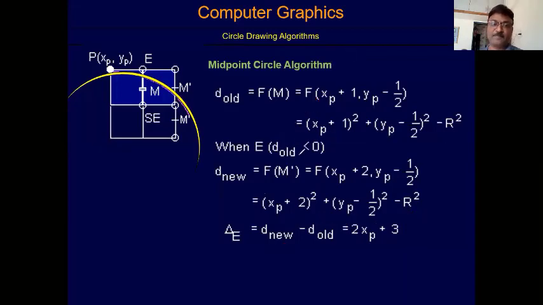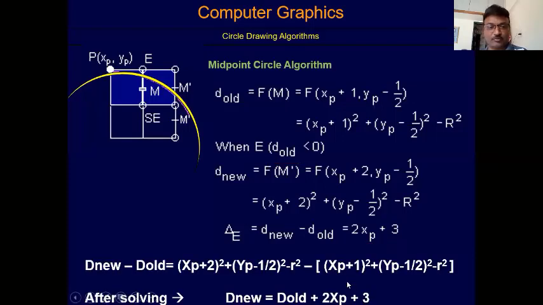That decision parameter, when you consider it at the time of d old, means 1.25 minus r is less than 0. That time you have to increment in the x direction and calculate the new decision parameter again, which becomes 2xp plus 3. Proceed. This is the condition that I have solved over here.